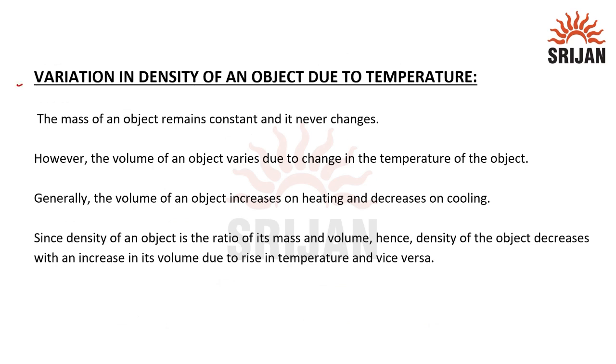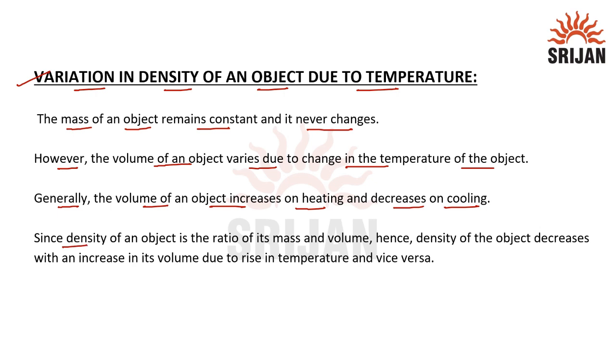Next, let us understand about variation in density of an object due to temperature. The mass of an object remains constant and it never changes. However, the volume of an object varies due to change in temperature of the object. Generally, the volume of object increases on heating and decreases on cooling.